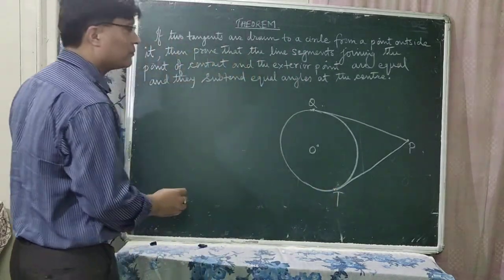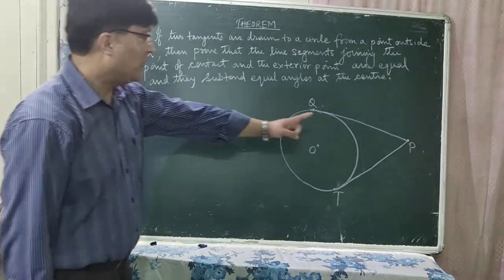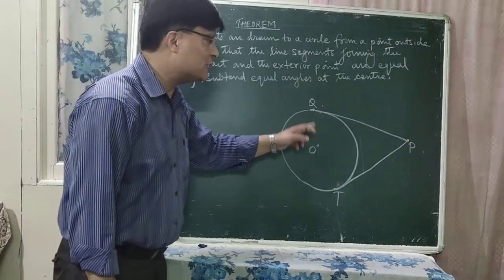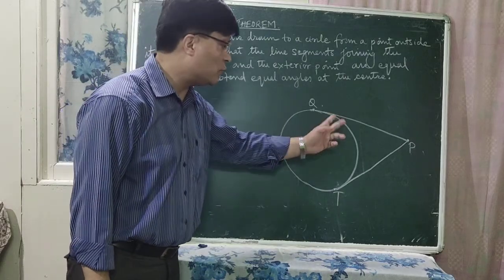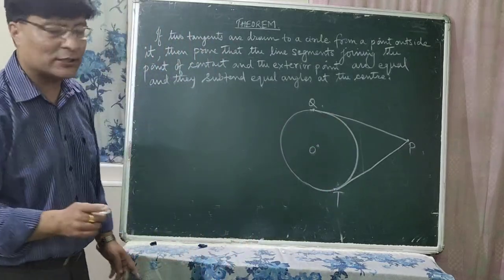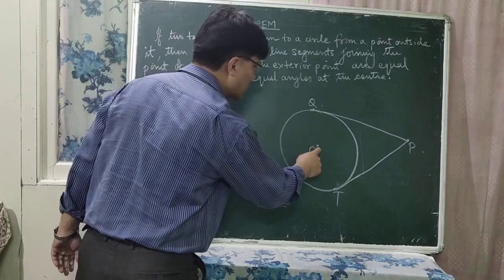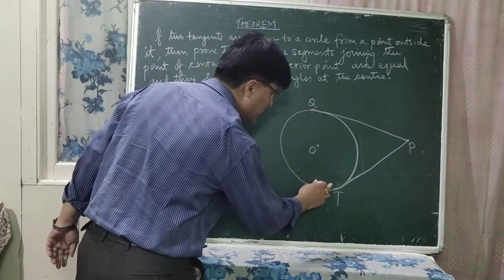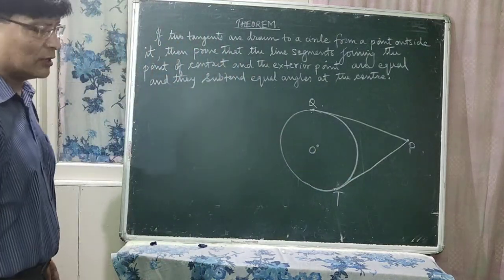So now PQ and PT are the two tangents drawn to the circle with the center O. Here Q is one of the points of contact and T is the other point of contact.